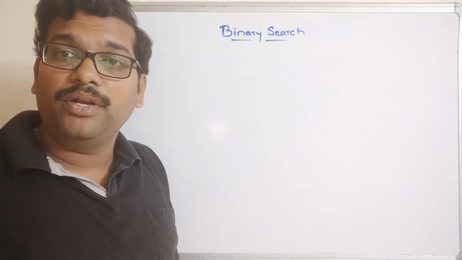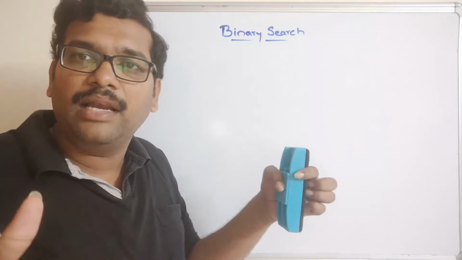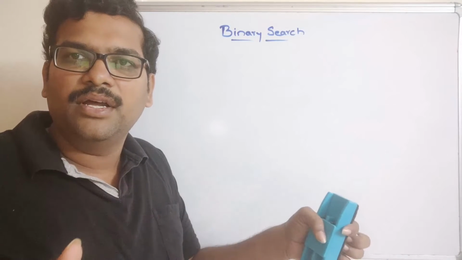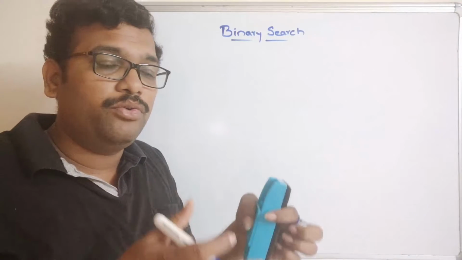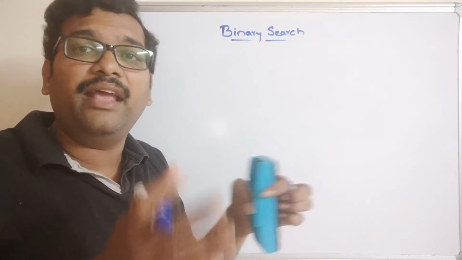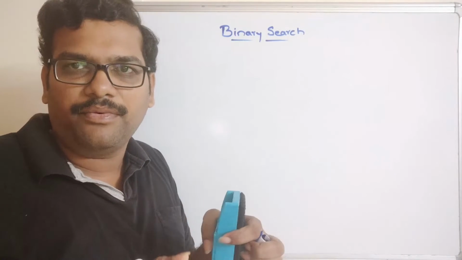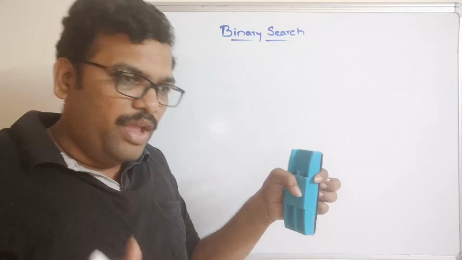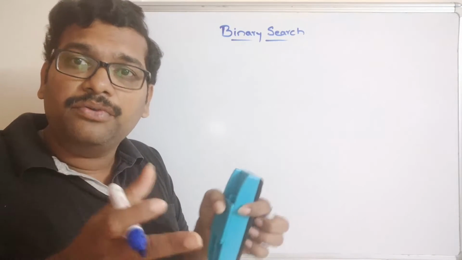That means we are going to divide the complete list into two halves, and we are going to solve the problem by selecting either one of the halves. So every time we are going to reduce the search space.